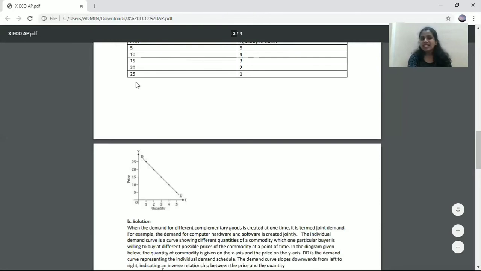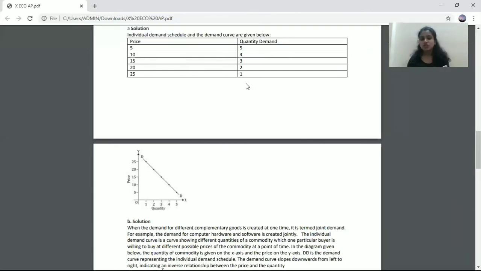When the price increased to rupees 25, quantity demanded reduced to 1 kg. So this shows that there is an inverse relation between the price of a commodity and the quantity of a commodity. And therefore, we have a downward sloping demand curve.